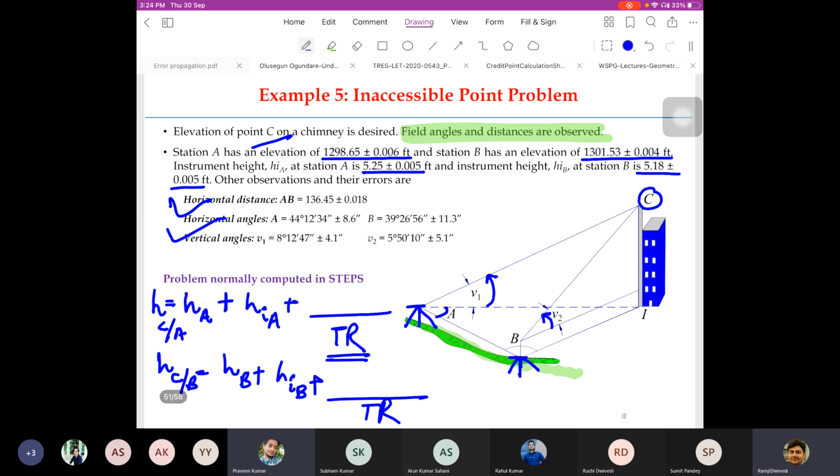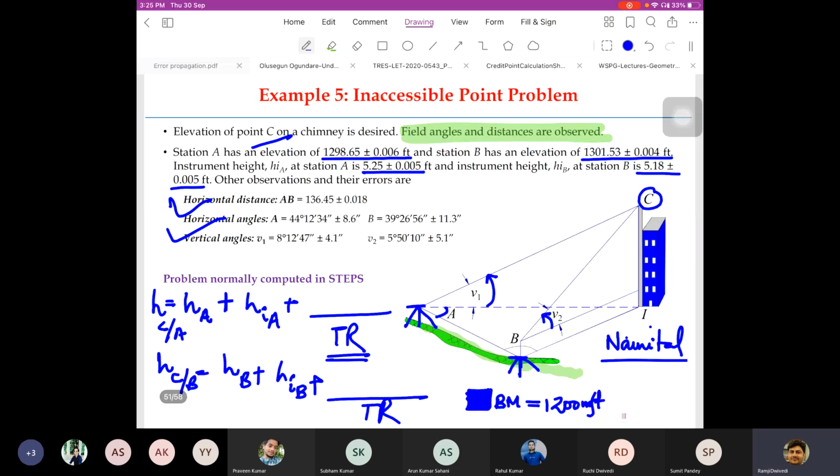Transferred in the sense, suppose this problem is established in Nainital, for example. Nainital is a region where you would have a benchmark location somewhere. Let's say this place is known as BM, and the height of this is error free. You know that this benchmark height is, let's say, maybe 1200 meter or feet, whatever you can consider. This benchmark height is known.